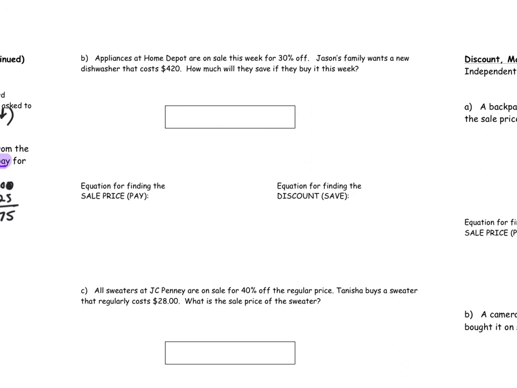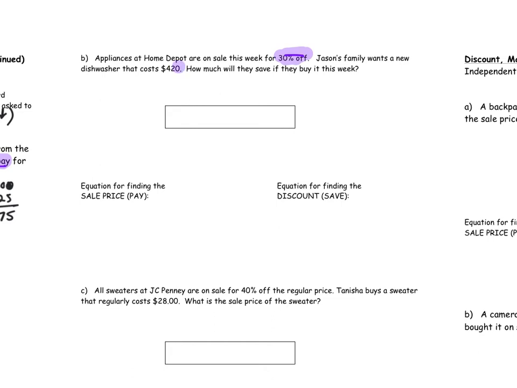So let's look briefly at our next question, which is B. Appliances at Home Depot are on sale this week for 30% off. Jason's family wants a new dishwasher, which costs $420. How much will he save if they buy it this week? So if we started highlighting our information again, we would get our discount amount, which would be 30% off.